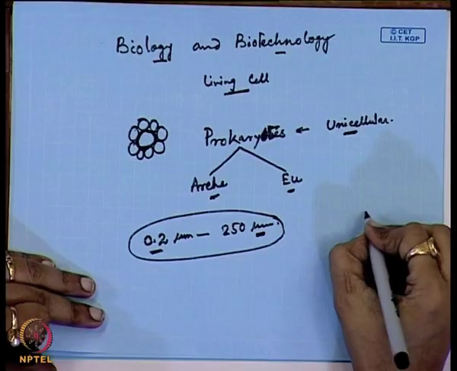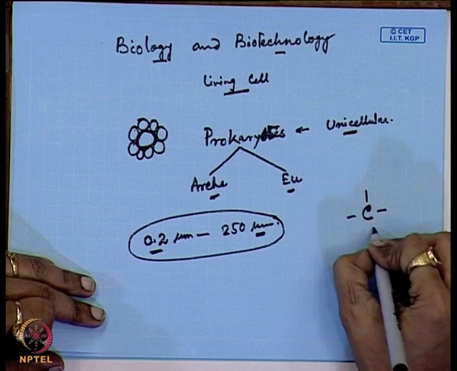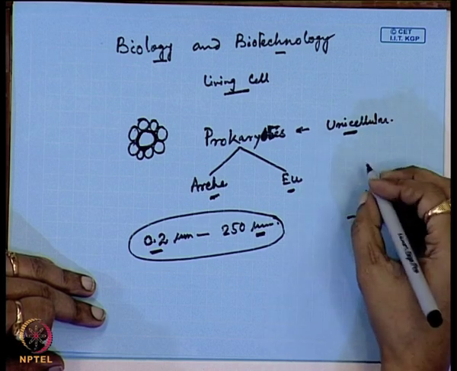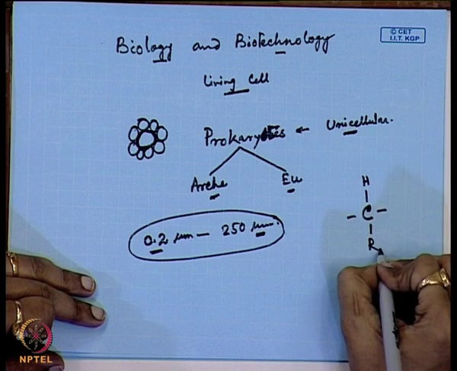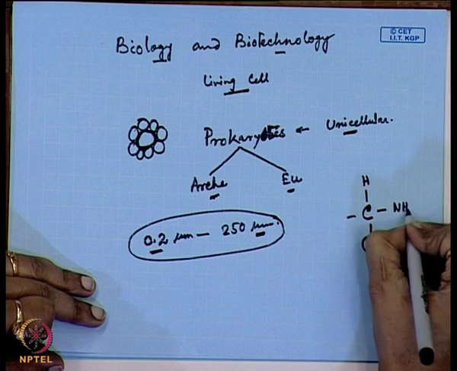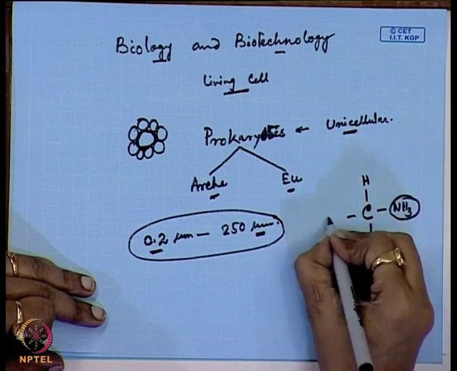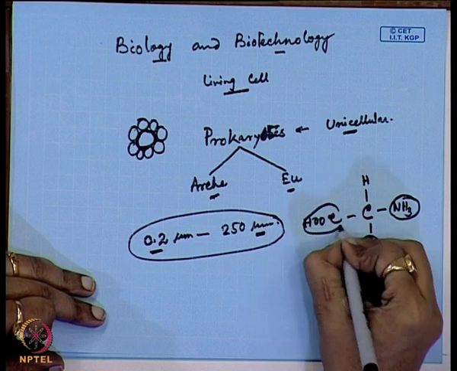Amino acid means, in this particular biological molecule, there is an asymmetric carbon atom. In one, the R group is present, and it has the amino and carboxyl group.